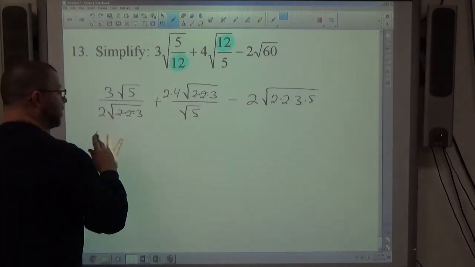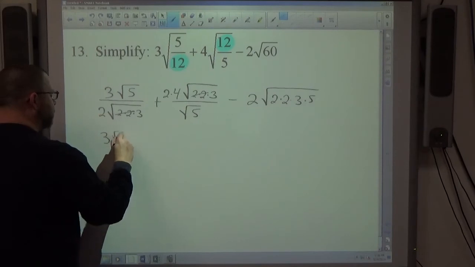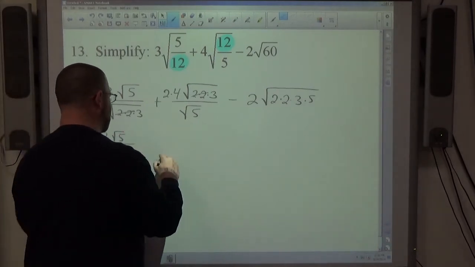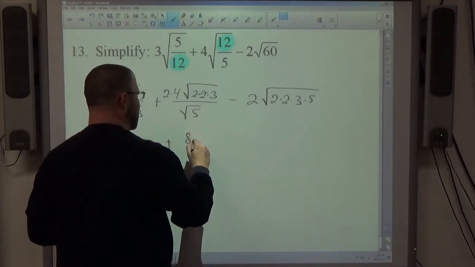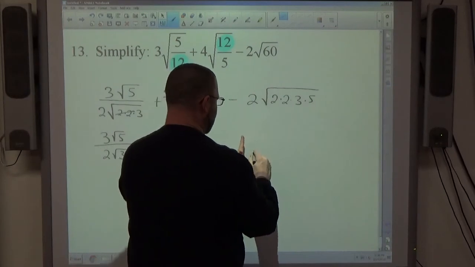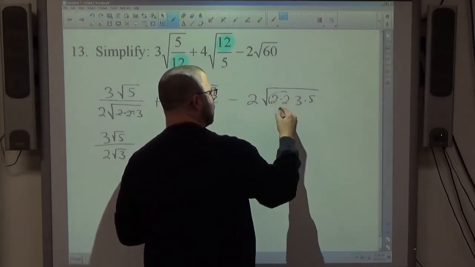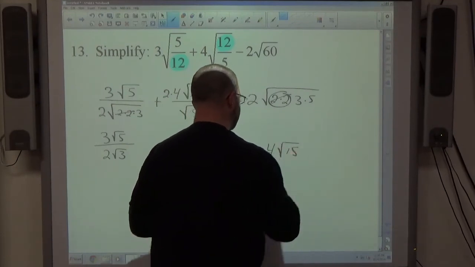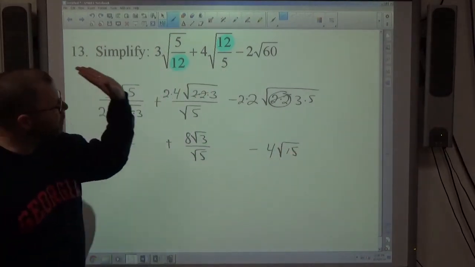So what we end up with as an expression is 3 times the square root of 5 over 2 times the square root of 3. Leaves some space. Plus 8 times the square root of 3 over the square root of 5. Leaves some space. And then here I'm going to pull a pair of 2's out as a 2. I'm going to get minus 4 times the square root of 15. Okay.